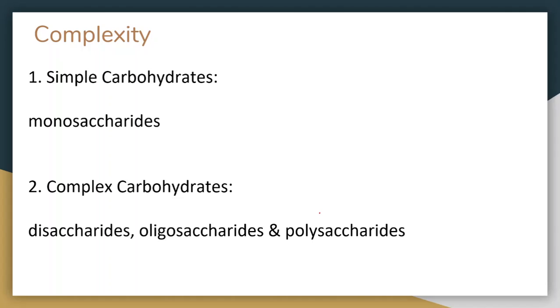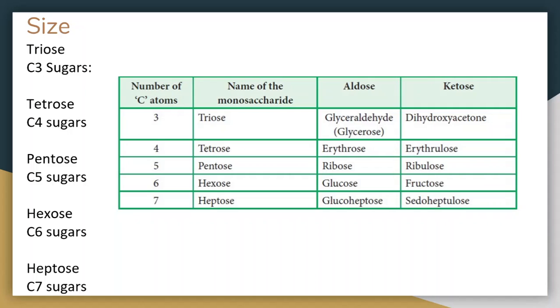Now, based on complexity, carbohydrates are classified as simple carbohydrates and complex carbohydrates. Simple carbohydrates, as we have already studied, are monosaccharides, and complex carbohydrates include disaccharides, oligosaccharides and polysaccharides. Now, on the basis of size we can also classify these carbohydrates.